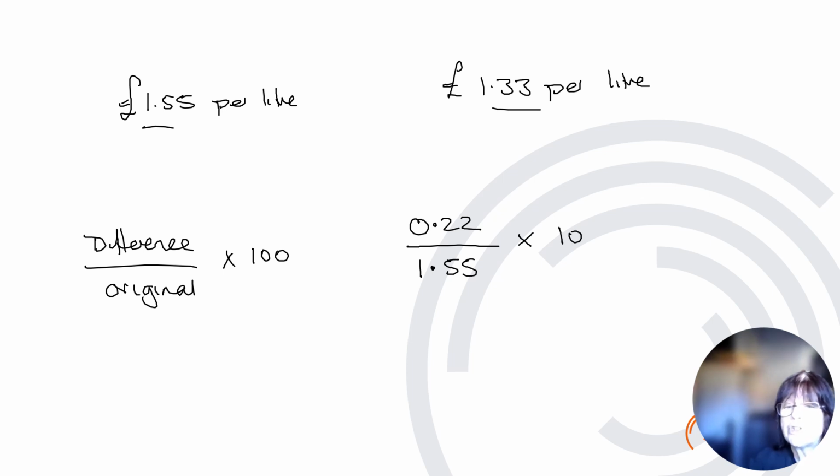Times it by 100 to turn it into a percentage, and to 2 decimal places you should get 14.19%. So the price of petrol has come down by 14.19%. Well done if you got that right.